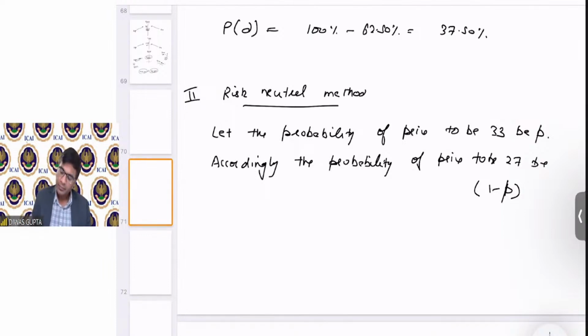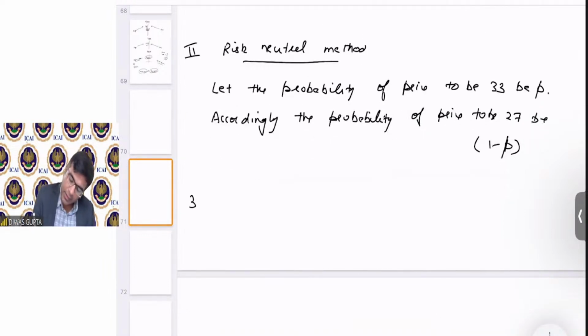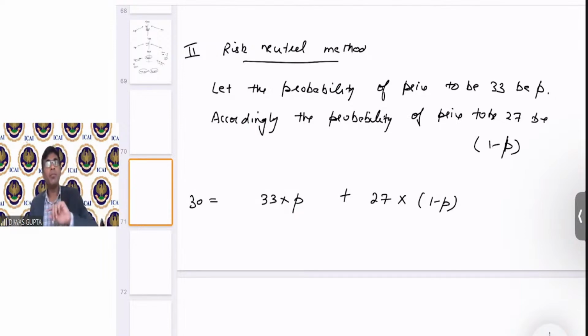Now, 30 is today's price, right? So 33 into P becomes the probability multiplied by the future price, plus 27 multiplied by the other probability, correct, students? But this price is as on day 0.